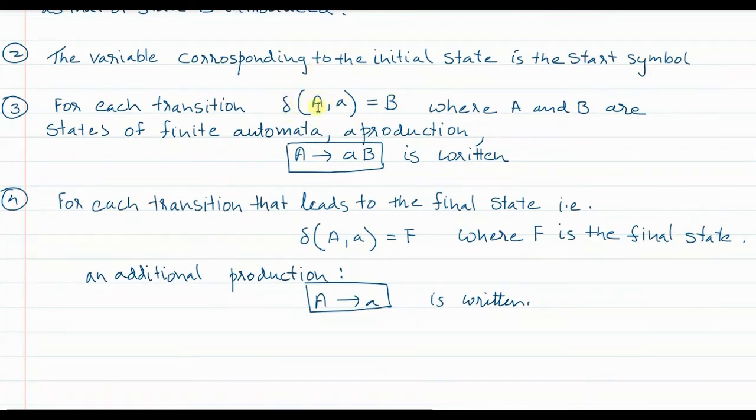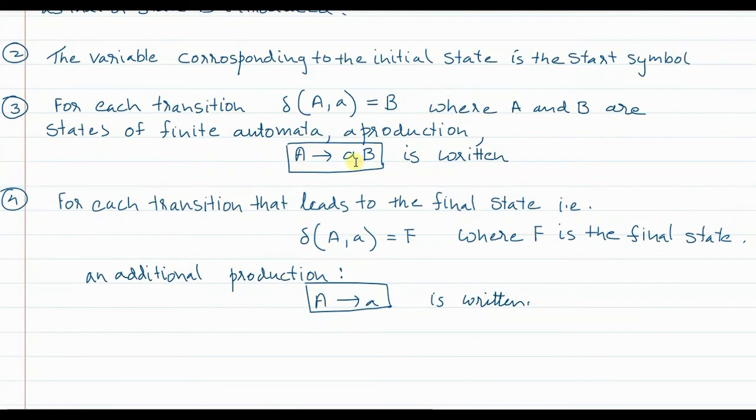Transition from a particular state A, on reading input a, you go to which state? B. Okay, if this kind of transition is there, it can be converted to a production by writing it like this: A, that is the state name, gives a B, where B is the destination state. So A gives aB simply means that from the start state, on reading a, I have reached B. So every transition that is there in the automata, you will have to use this formula and convert it into a production.